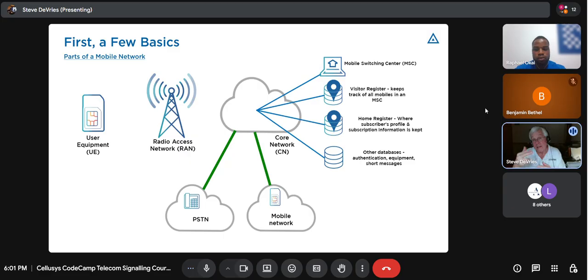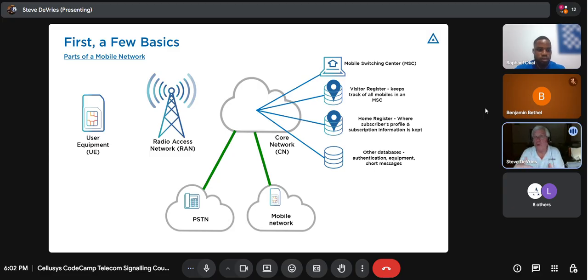The other thing is it has a register that knows who is in this current switch. If your home switch is in the north of Accra and now you're in the center of Accra, the visited switch you're in now has a copy of your profile.